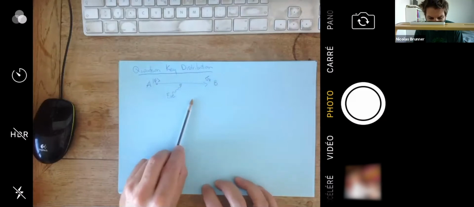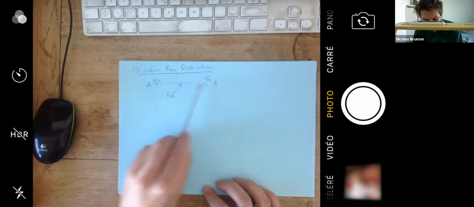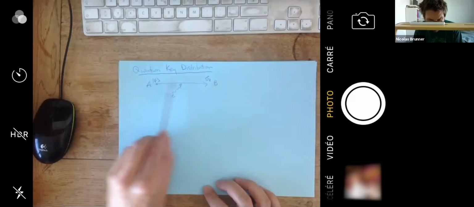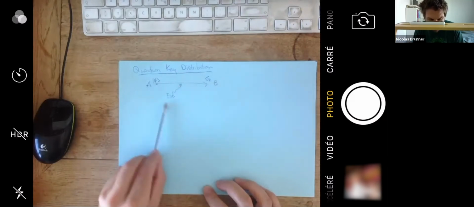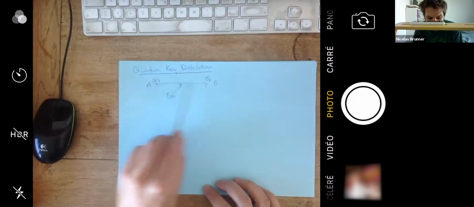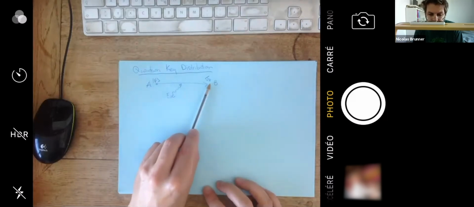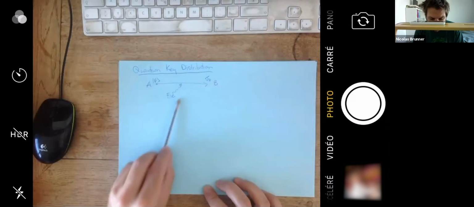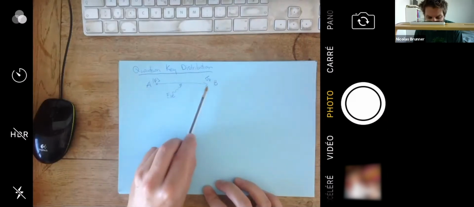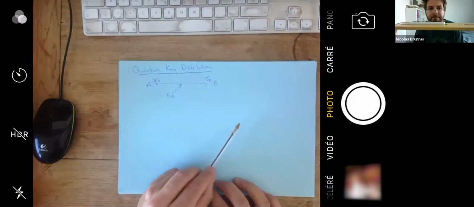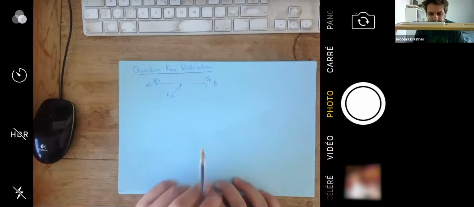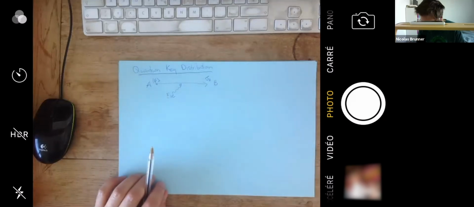On the contrary, when you establish a key and you check that there is essentially no Eve on the channel, then you can establish a perfect key in the end on which Eve will know nothing. And then you can use that key for the one-time pad. All right, so that's the idea on how it goes.